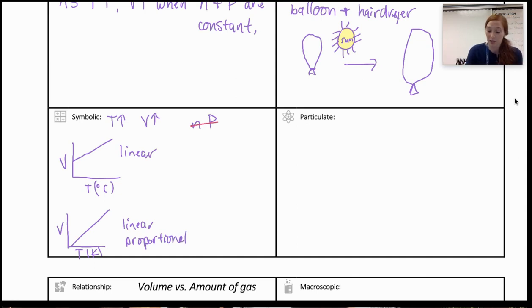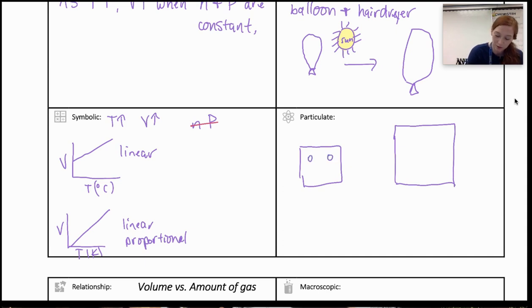Okay, finally, particulate. Smaller volume, larger volume. I'm going to go with 4 particles. I'm going to show my collisions and my speed. Let's go 1 line and 2 collisions to show my lower temperature.